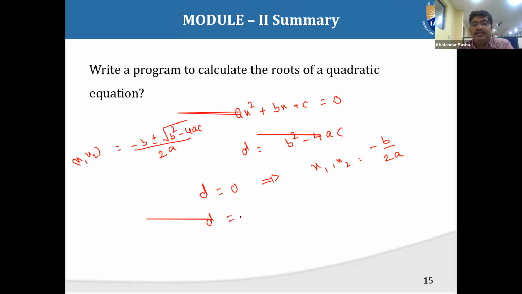Now, if d is greater than 0, we are going to have two roots which are not equal.